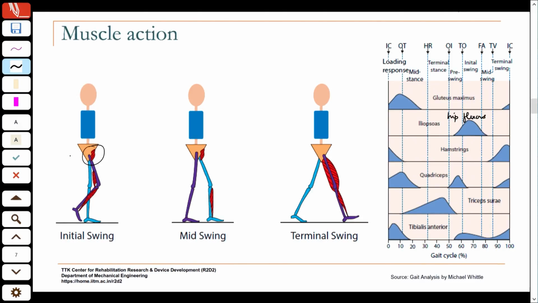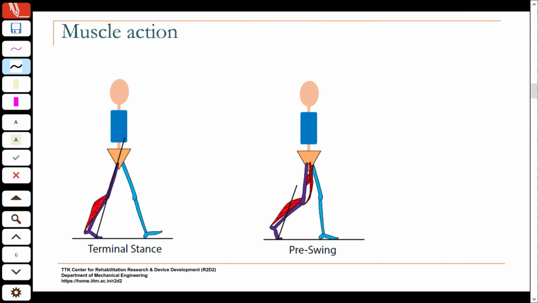and the quadriceps act initially to stabilize, then again in pre-swing there is also some activity from the quadriceps, again to prevent sudden knee flexion.